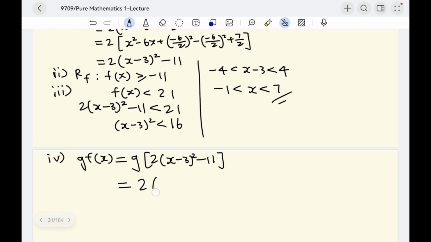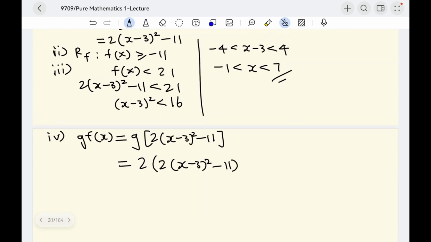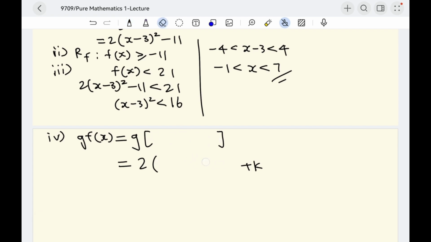And then you put the function f inside the function g. To find the discriminant, you need to substitute into the general form.